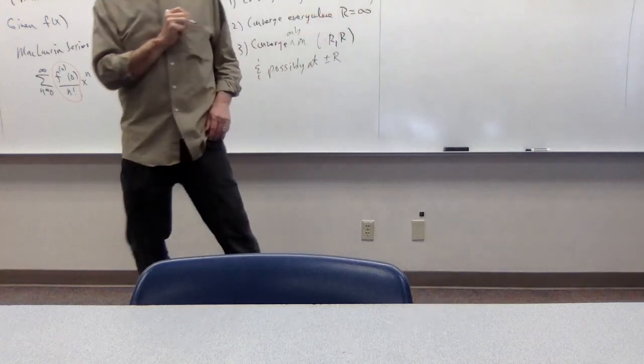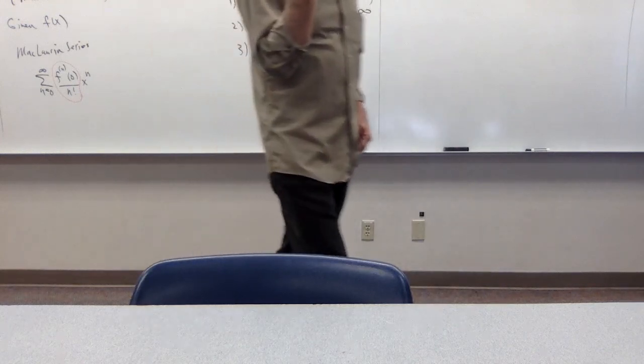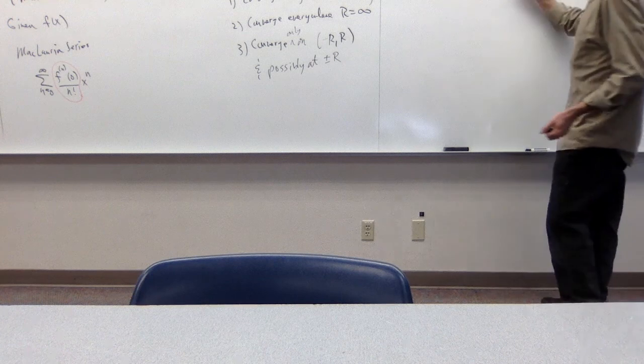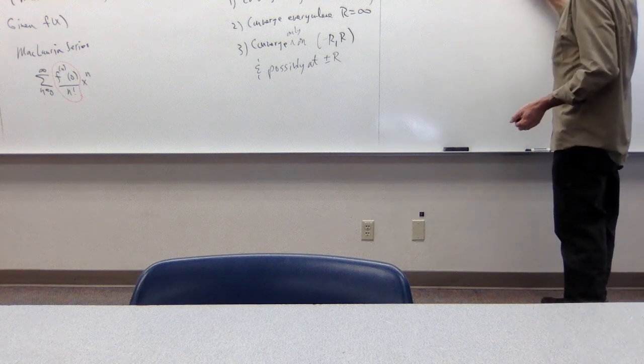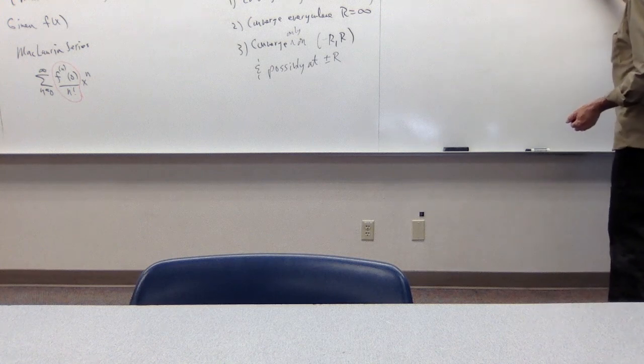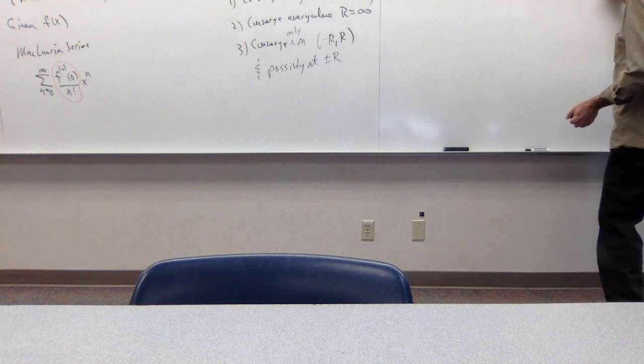It's like the super fast version of the ratio test, but it's not complicated. What's that limit? 0. 0 times the absolute value of x, which is 0, which is less than 1, and it does not depend on x.